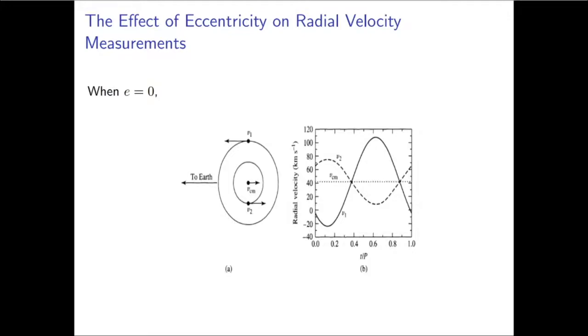And if you are seeing the stars at the top of the circle, the velocity is different again, because the velocity depends upon the position. As we know, v is equal to r into omega, so it also depends upon the radius. So the radius and the position play a very important role.